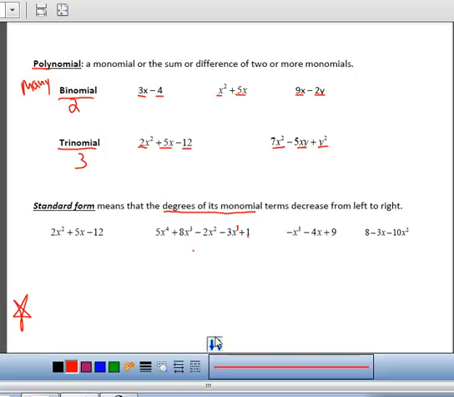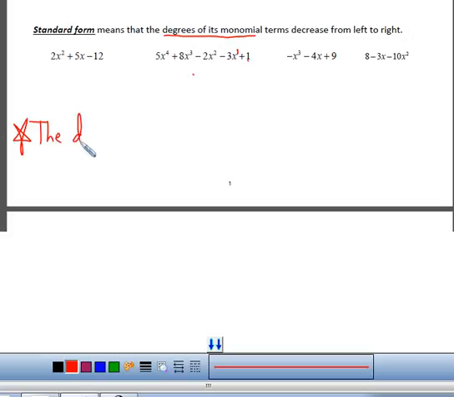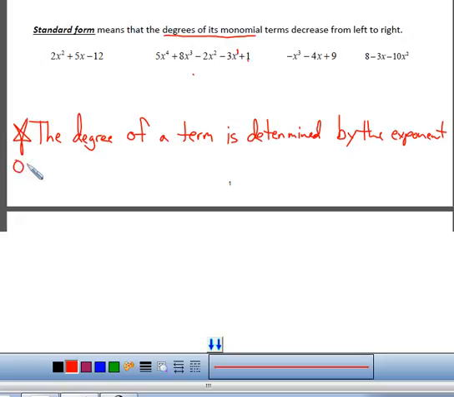The degree of a term is determined by the exponent of the variable, or the sum of the exponents of the variables.